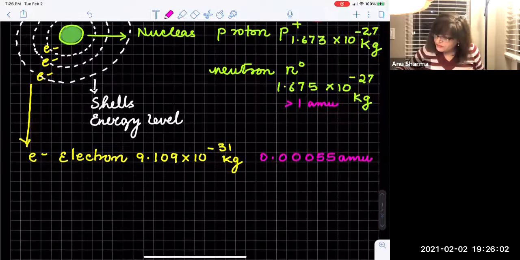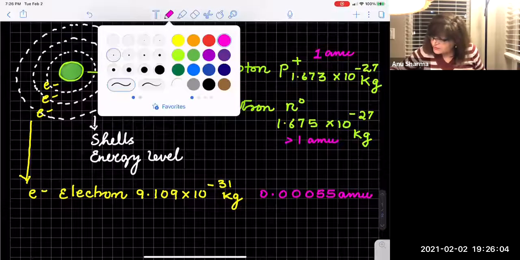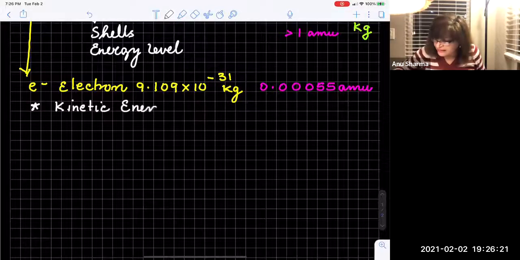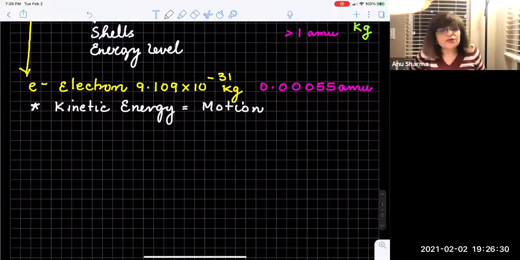Now, what else do we know about these electrons? First of all, they are always in high energy, they're always moving. So they have kinetic energy. Kinetic energy is the energy of motion, because of which these electrons are moving all around the nucleus.